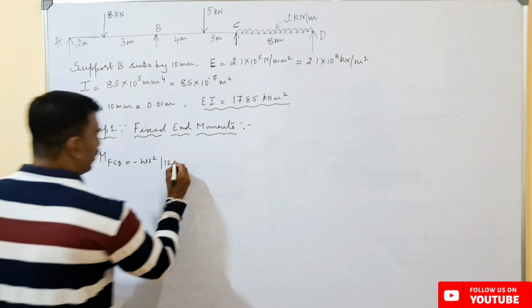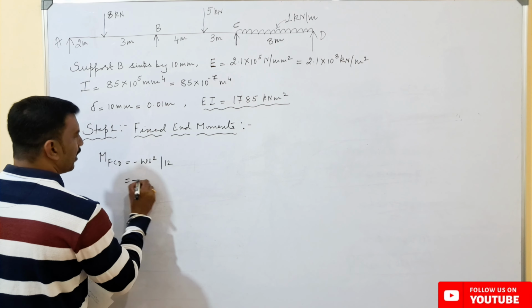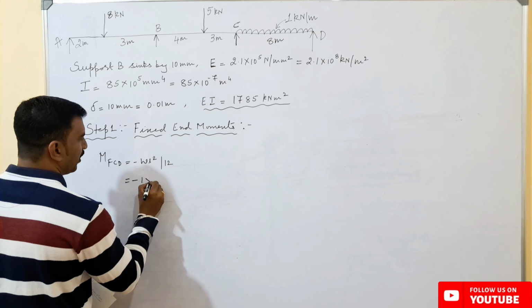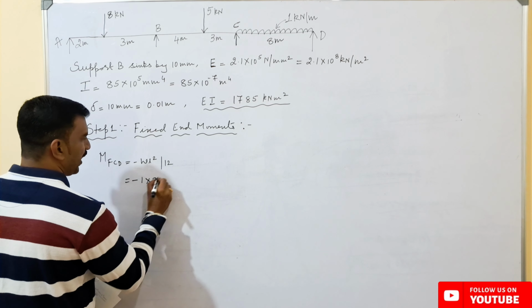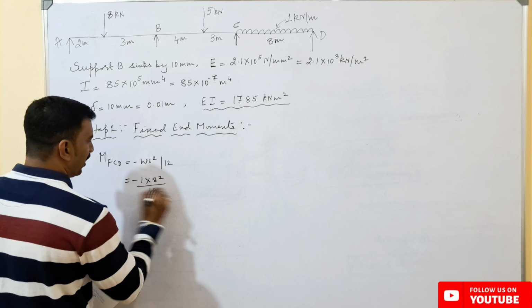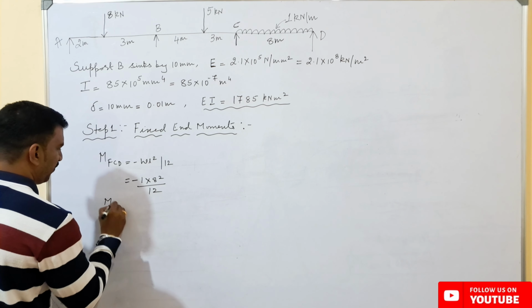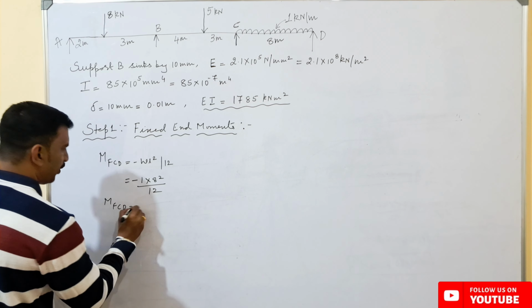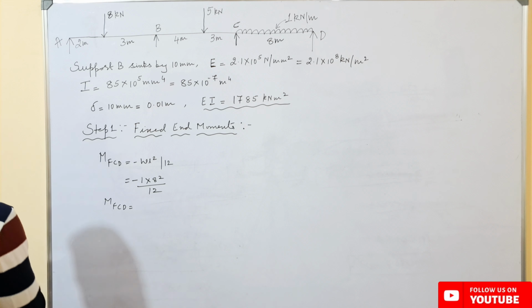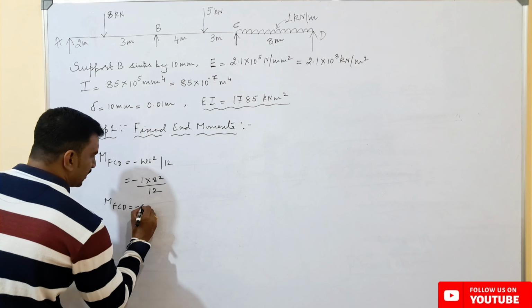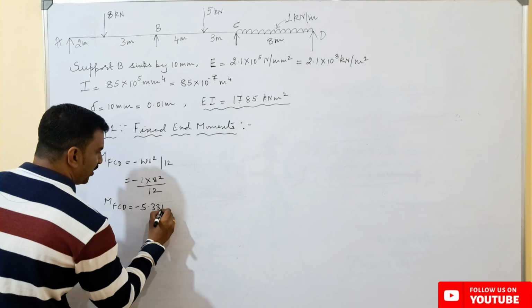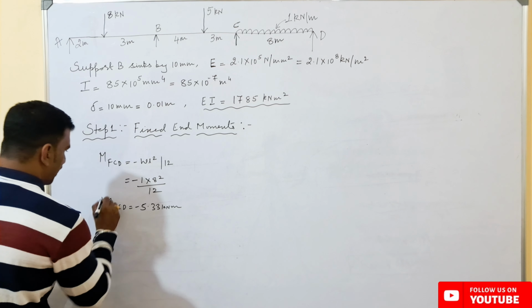So we can take the value directly, which is minus W, here 1, and the total span 8 square upon 12. So the fixed end moment will be equal to minus 5.33 kilonewton meters.